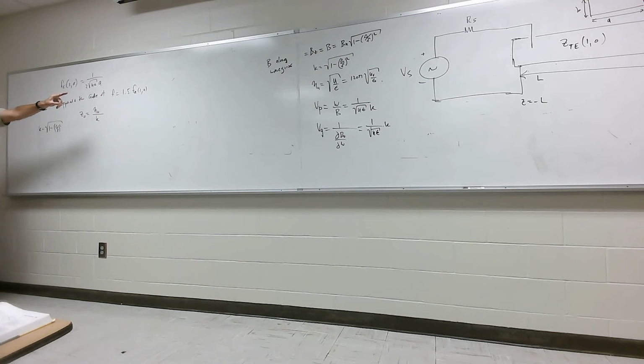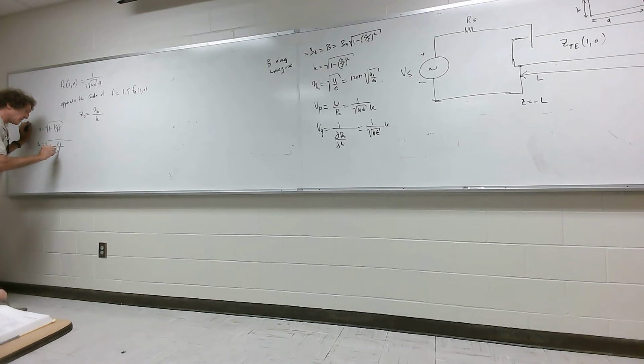Please make sure you see this little bit right here. I've just made that determination. That means my value of K will be equal to the square root of 1 minus (FC over F) squared, where FC over F is 1 over 1.5.